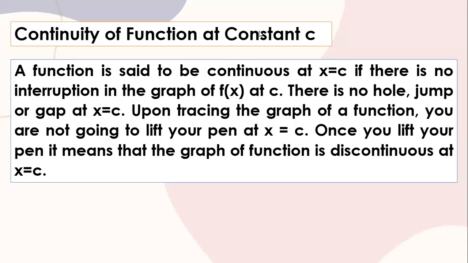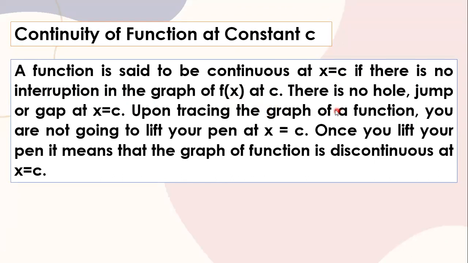Okay, so for the definition, the continuity of a function at a constant c. We have a given value, and we will check if our function is continuous at a given value of x. A function is said to be continuous at x is equal to c if there is no interruption in the graph of f of x at c.